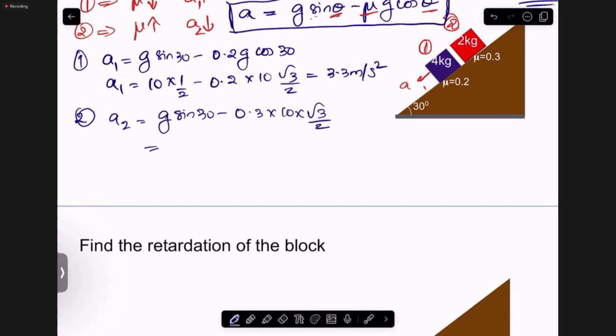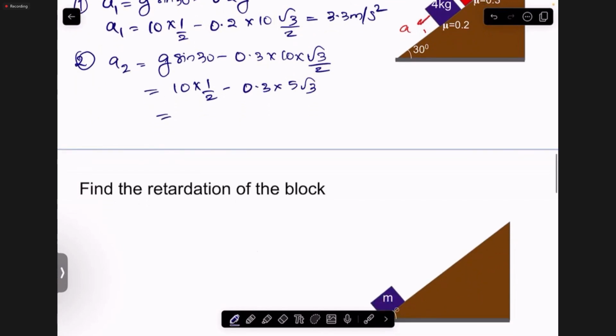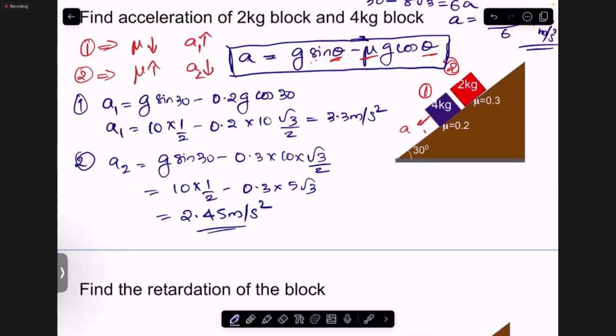So you will be getting 10 times 1 by 2 minus 0.3 times 5 root 3, which is equal to 5 minus 0.3 times 5 root 3, which is equal to 2.45 meters per second squared. This is how you can calculate. Otherwise, you can draw the free body diagram, find this expression for both of them, and substitute and find the value.